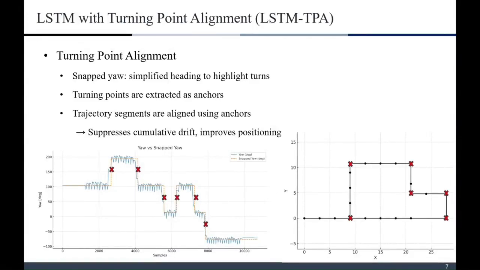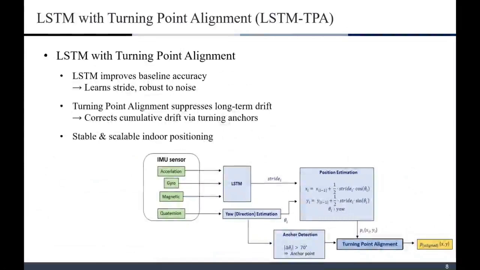On the right, the ground truth space is divided into straight segments at these anchors. By aligning each segment to its corresponding turning point, accumulated distance errors are corrected, resulting in a trajectory that better matches the ground truth.